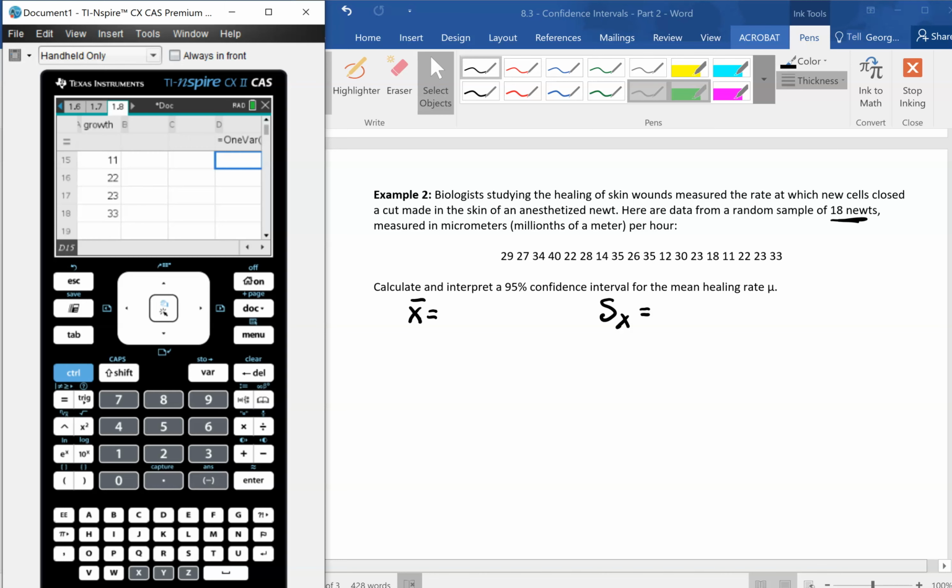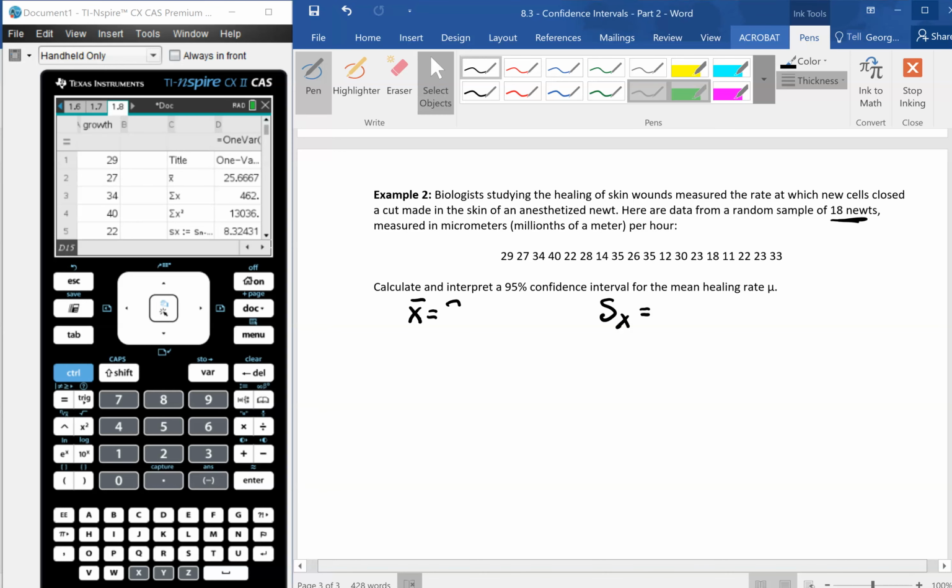I got to scroll back up to actually see the numbers. We need X bar and we need SX. X bar is 25.667 and our SX is 8.324. So now that we have those, we can go ahead and start everything else.